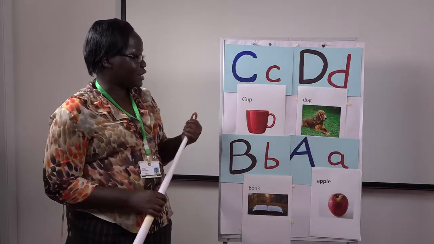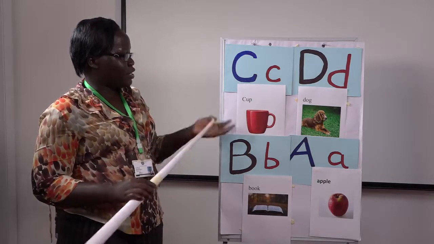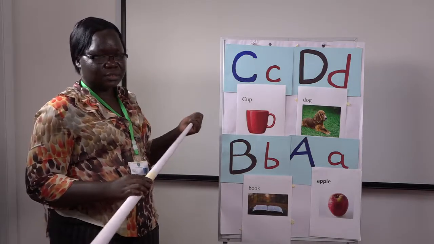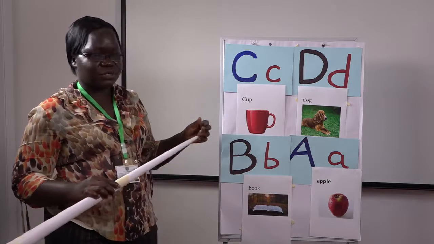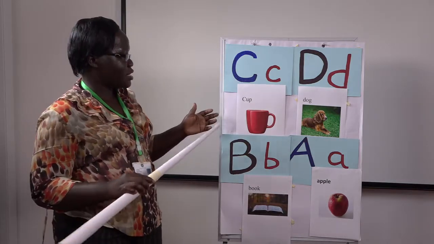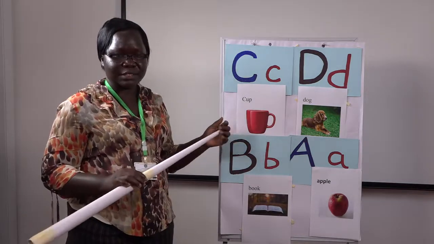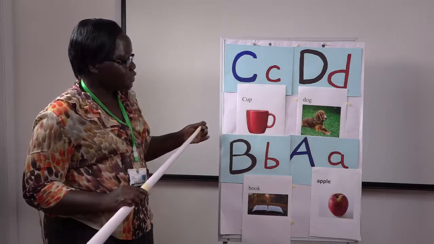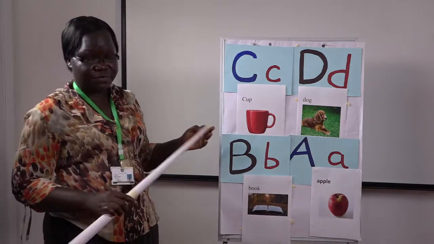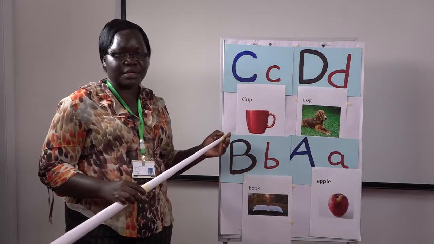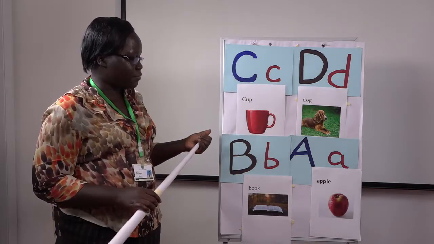As I earlier said, when introducing children to letters, we need to introduce them to both the upper and lowercase letters. And then we should also introduce a few letters at a time, because this will be very helpful to them.